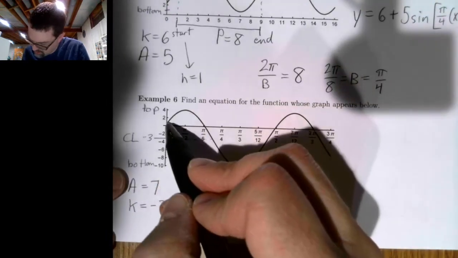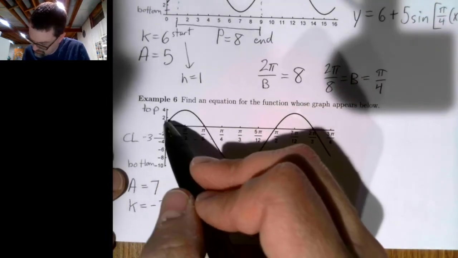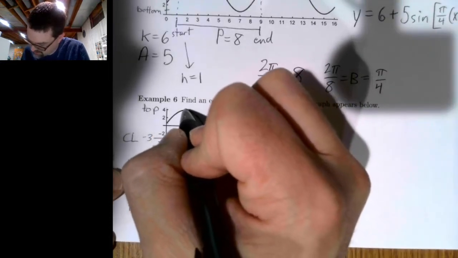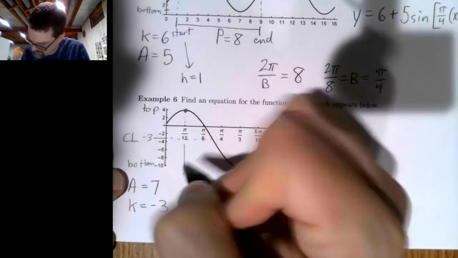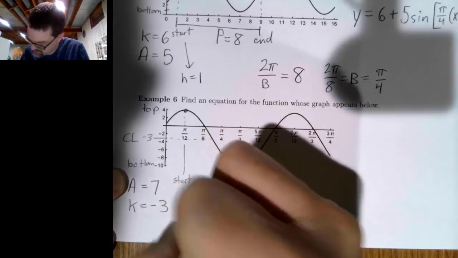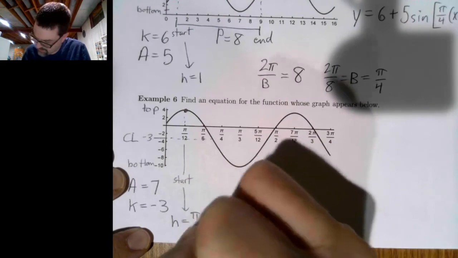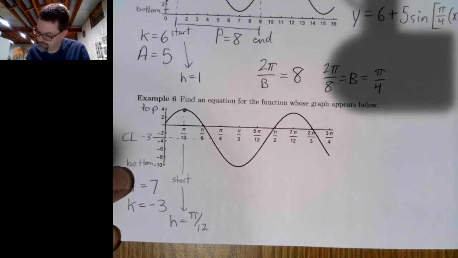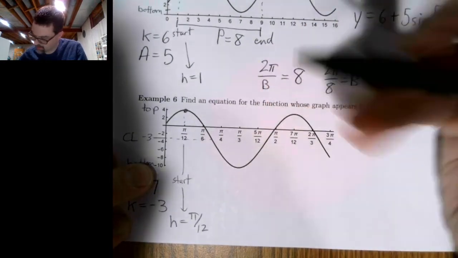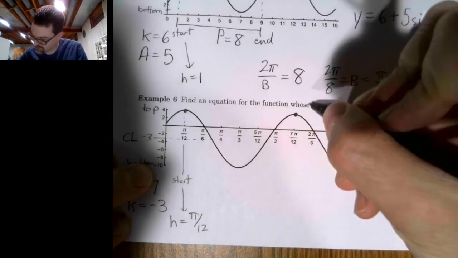So at 0, we're not at the top, middle, or bottom. If we follow the graph, though, the first thing we hit of those 3 is a top point at pi over 12. So here's our start. So h is going to be pi over 12. And starting at the top, we finish the cycle right here.